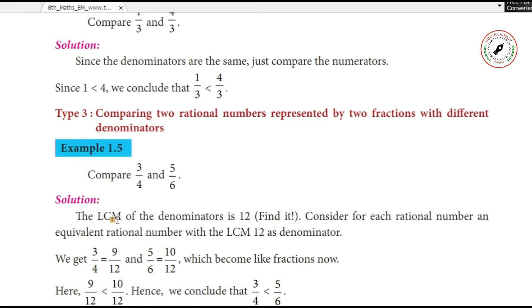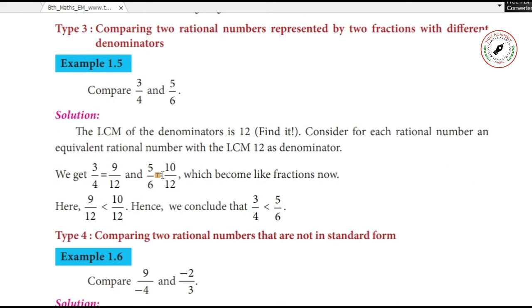They put that the LCM of the denominators is 12. How to find it? You have to find the LCM. We will do this one, then we will understand.